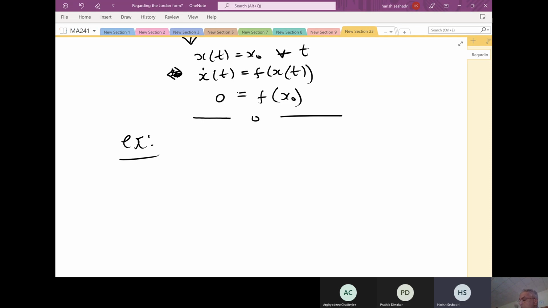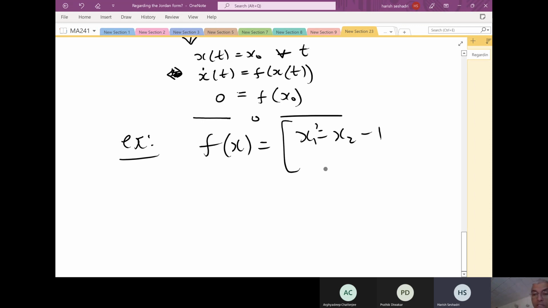So let's take this nonlinear system where f of x, so it's a 2 by 2 system. f of x is x1 squared minus x2 minus 1, and the second coordinate is just x2.